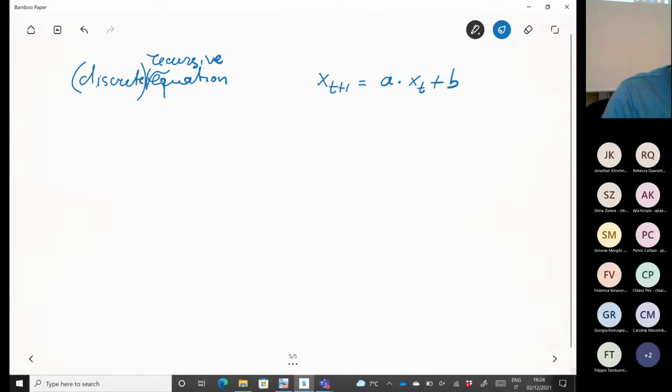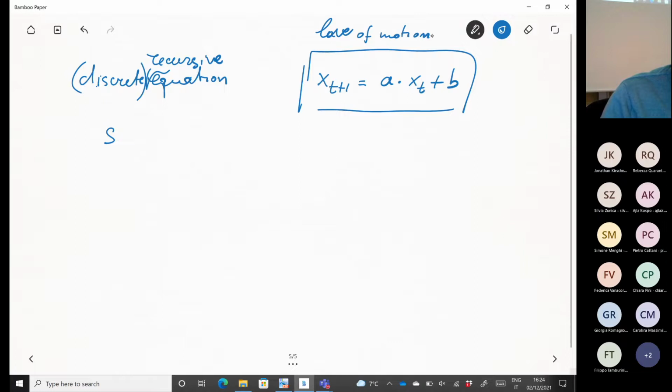This is the equation. Equations have solutions. This is just the law of motion. But if I want to arrive at a solution, I have to specify an initial condition, so an initial value for the variable.